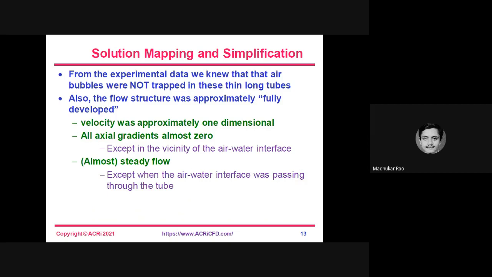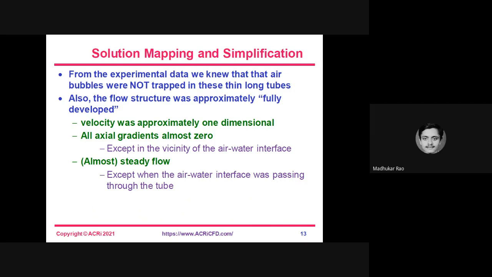We went and saw the experimental data being done at the automotive company, and from the experimental data, we knew that air bubbles were not trapped in these thin long tubes. If air bubbles were trapped, it was elsewhere in the hoses and other structures. Also the flow structure was roughly fully developed. The velocity was approximately one-dimensional.